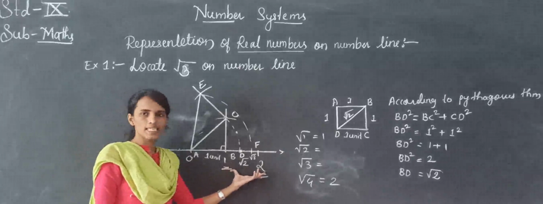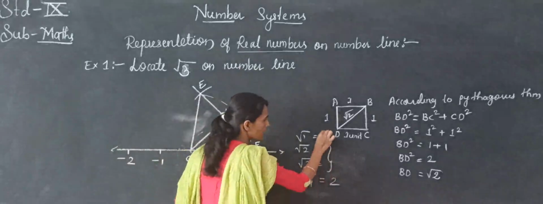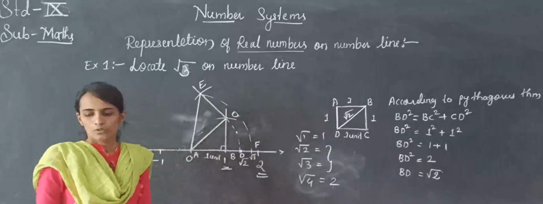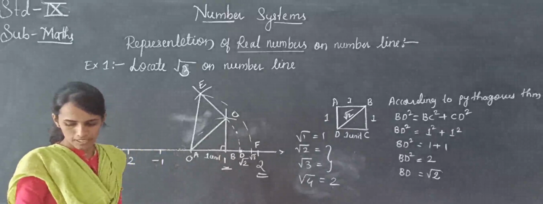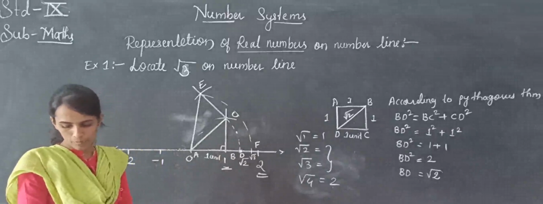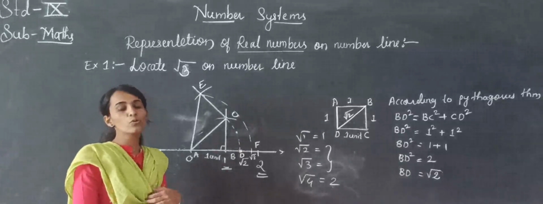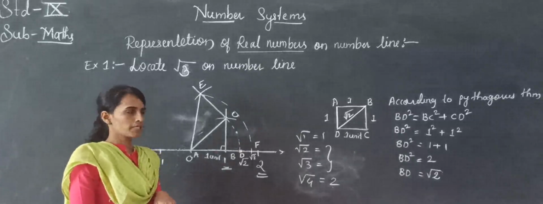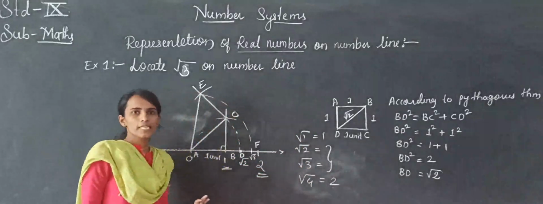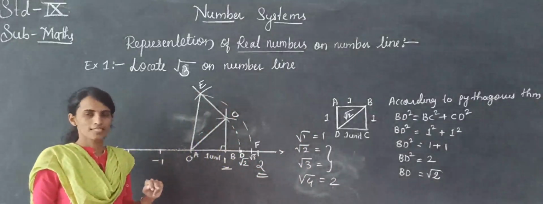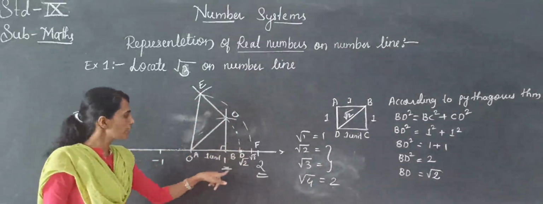So root 2 value will be 1 point something, and root 3 value will be 1.73 something. You can calculate the root 2 and root 3 values by the division method. So root 2 and root 3 values lie in the middle of 1 and 2.